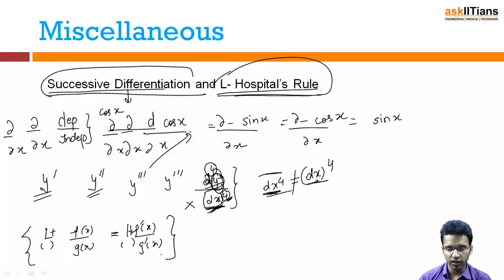What this rule signifies is that if I am comparing two functions, the instantaneous rates of change at the respective functions, the ratio of their slopes at a particular value, will give the same limit, which is justified by this rule, okay.